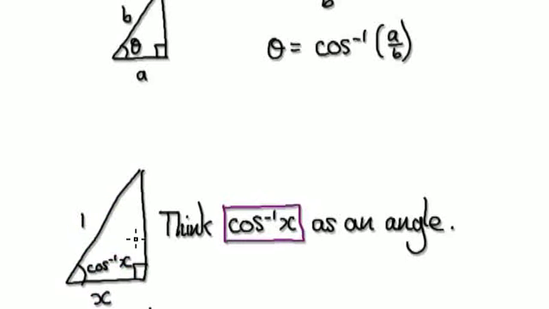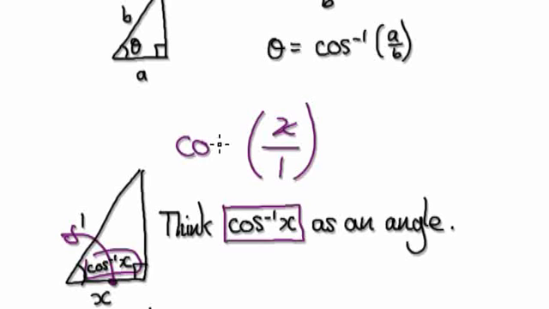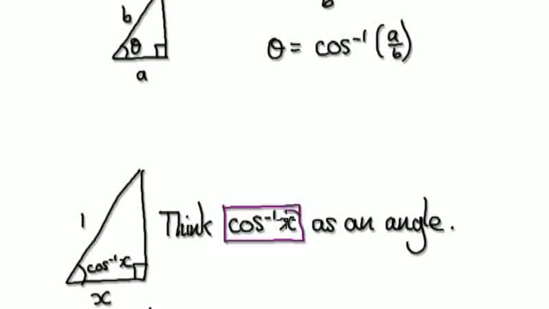That's what x is, because this ratio here is really x over 1. So if you want to know the angle, you would inverse cos of this. Well, this collapses down to x. So you can imagine inverse cos of x as being an angle here.